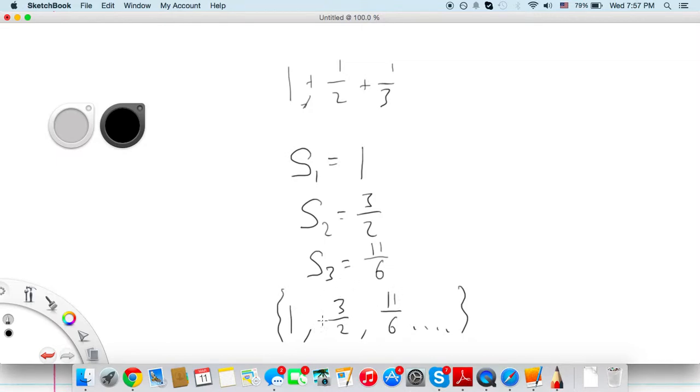And if the sequence of partial sums converges to a limit, then the series must add up to some finite value. So the series will converge to a sum which is the same thing as the limit of the sequence of partial sums.